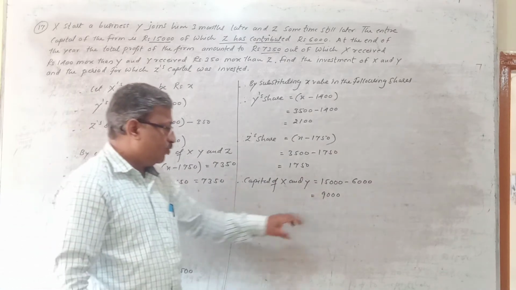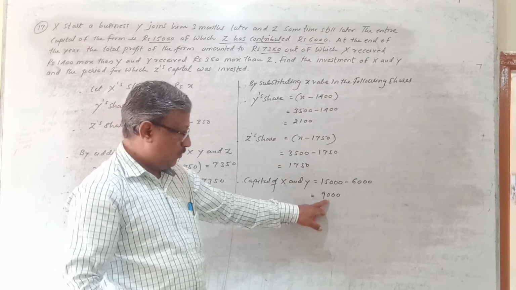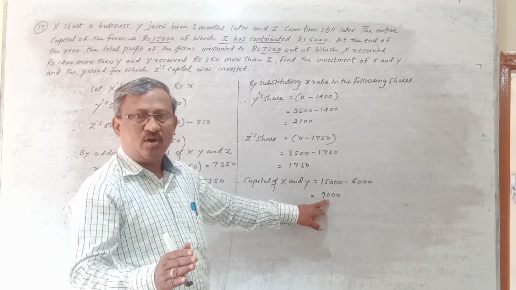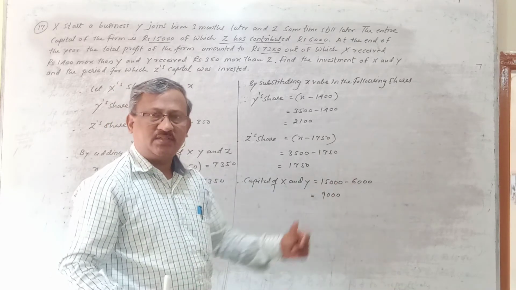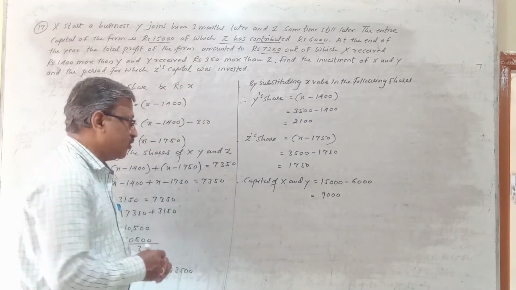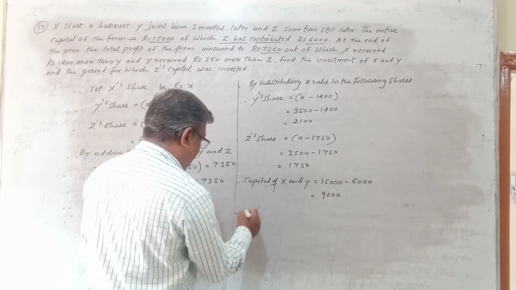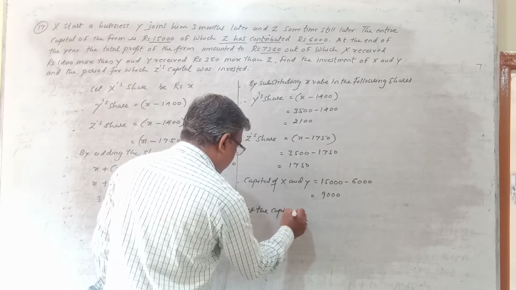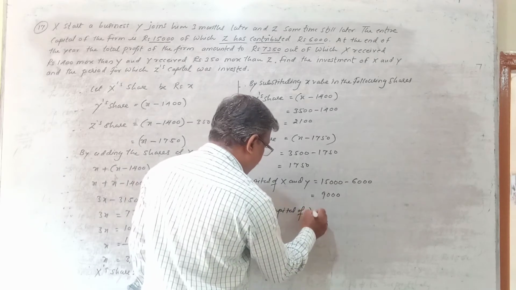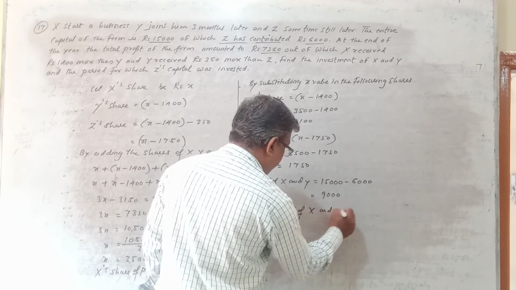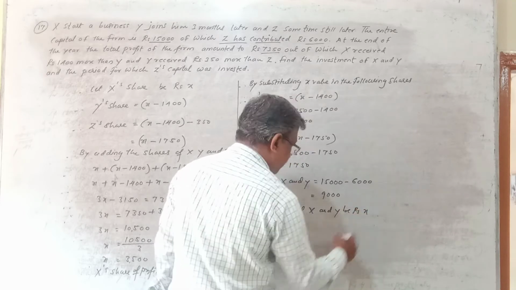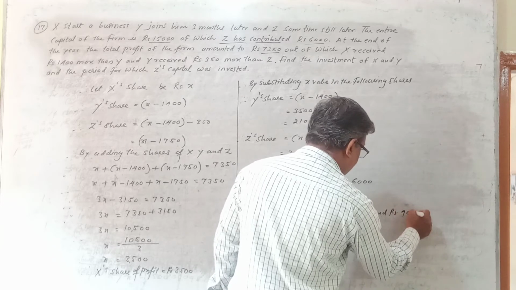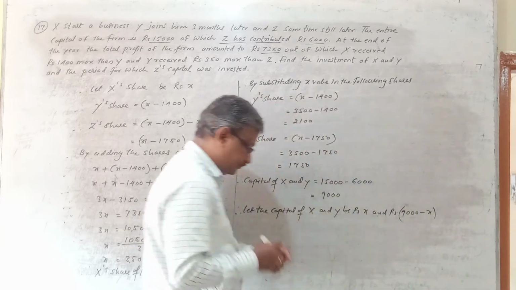But out of 9,000, the capital of x and y is not known. So I can assume, suppose out of 9,000, x's capital is x, then y's capital will be 9,000 minus x. So I will assume the capital: let the capital of x and y be rupees x and rupees 9,000 minus x.